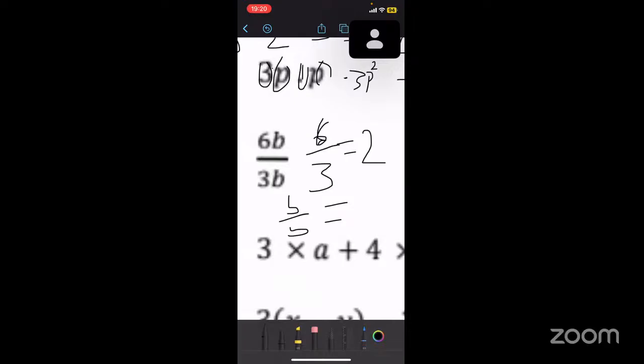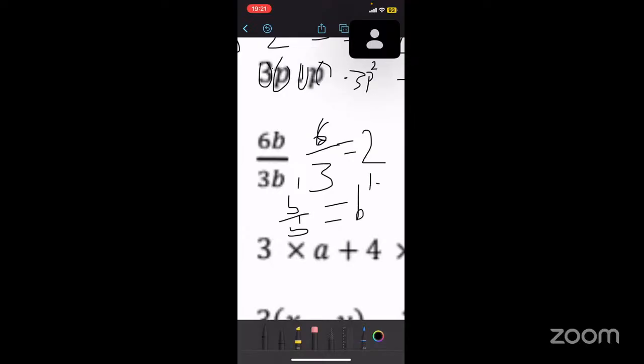So b divided by b, remember I said if it's just a letter, there's an invisible 1, okay? So it's the same as b to the power of 1 divided by b to the power of 1. And I said, remember just now, when you are dividing the same base, you subtract the exponent, okay? So b to the power of 1 minus 1, okay? That's how it's going to be.